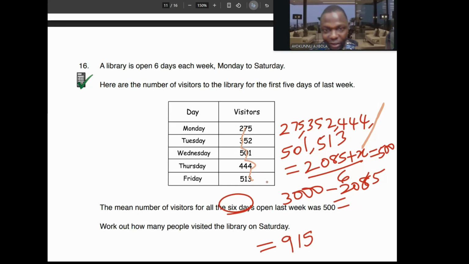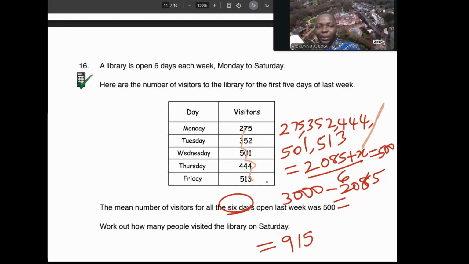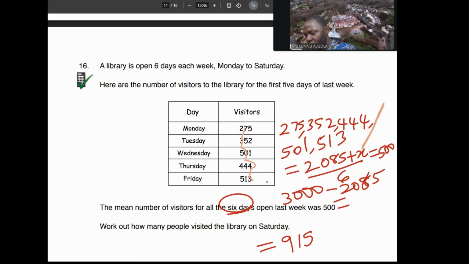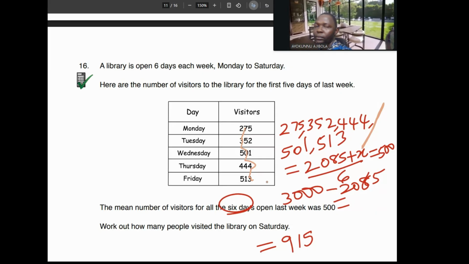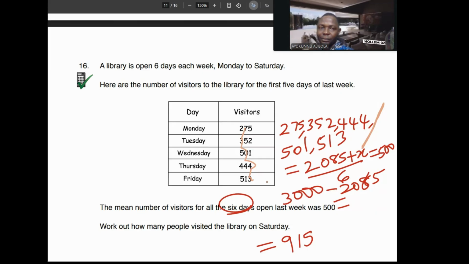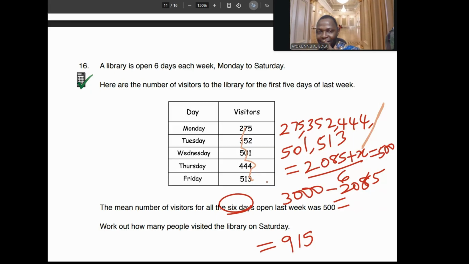It's not gonna have any mark, because the step is not correct. But I thought I get 1 mark for doing all the addition. Okay, maybe because you got 2085, you can get 1 mark.